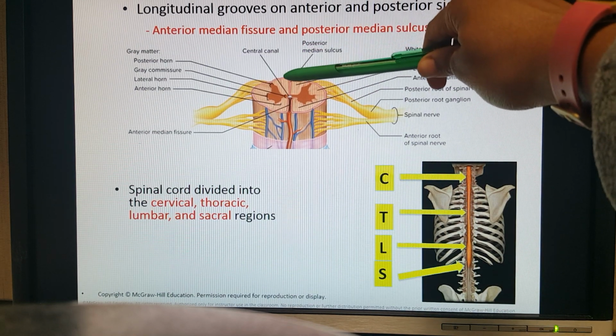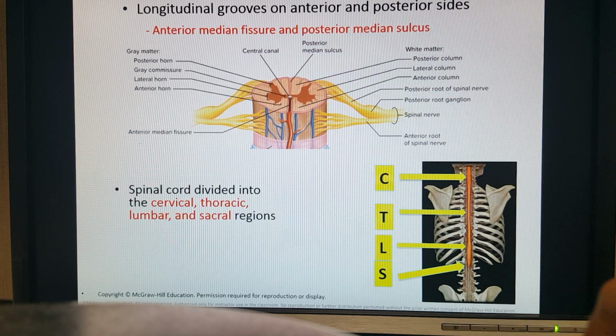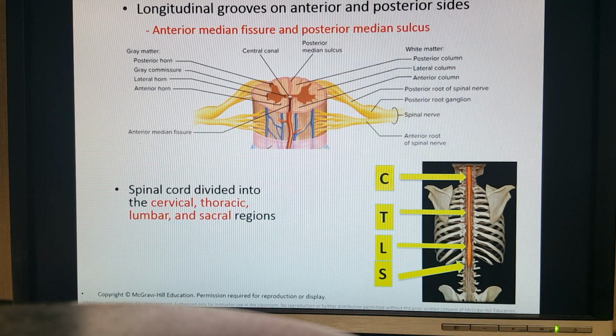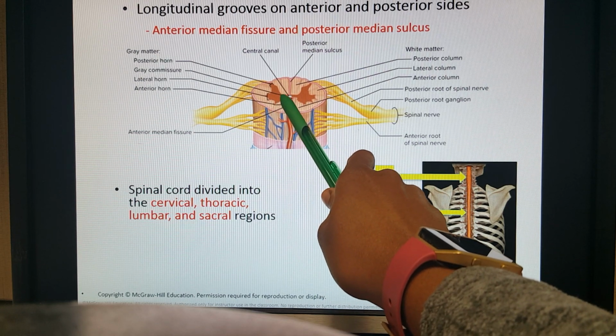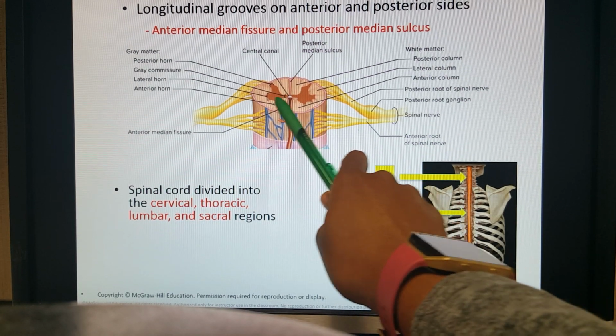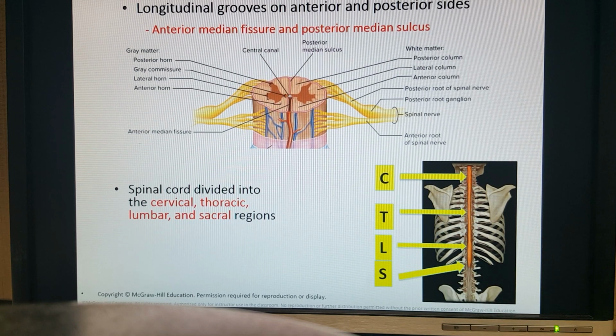In the back, we have our posterior median sulcus. They run the entire length of our spinal cord. This area here, the gray commissure, is a connecting region between the two sides. Not that they have to communicate with each other, but you might have some spinal cord fibers crossing over in certain regions, and so they'll do so there.